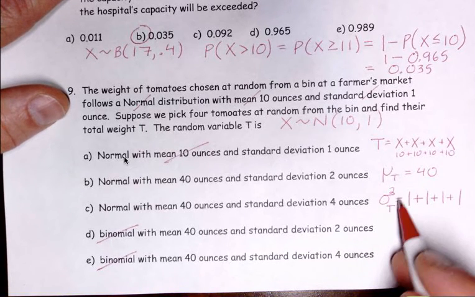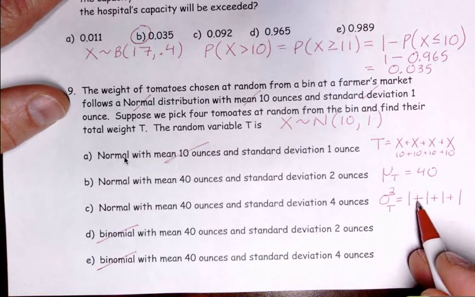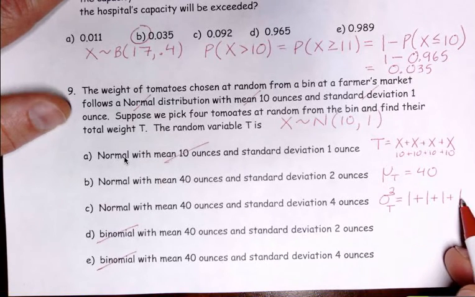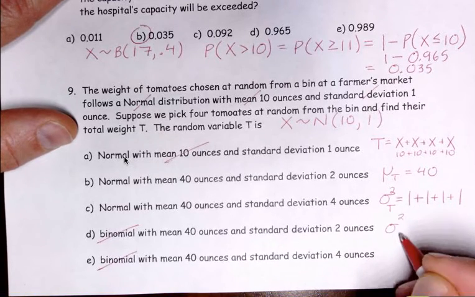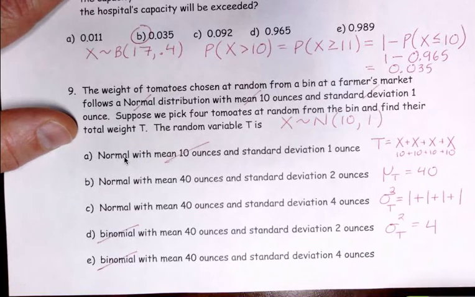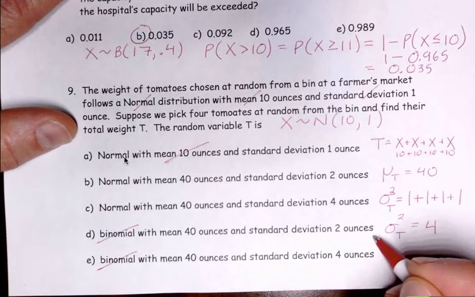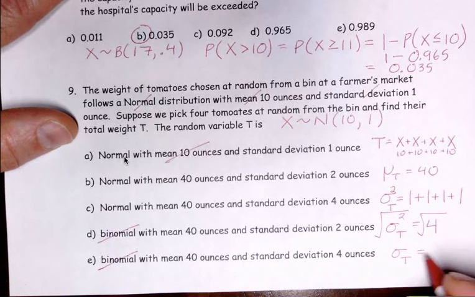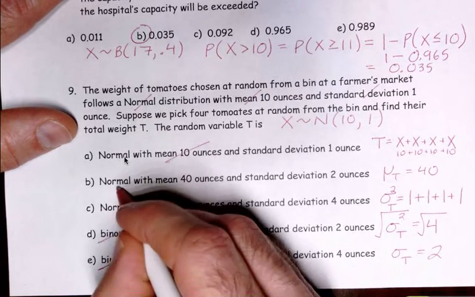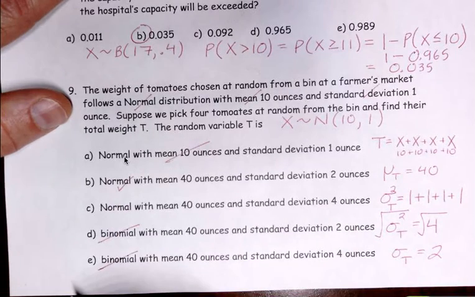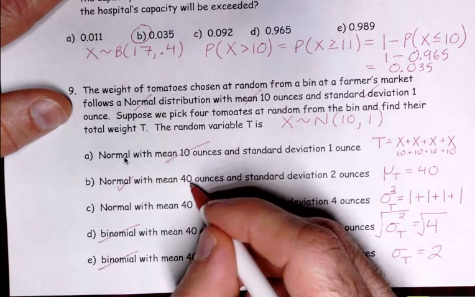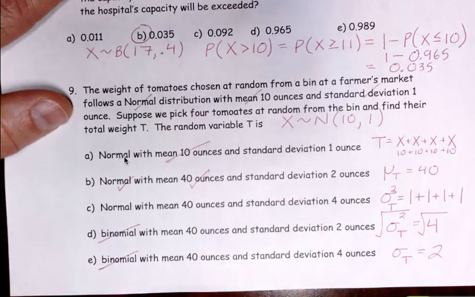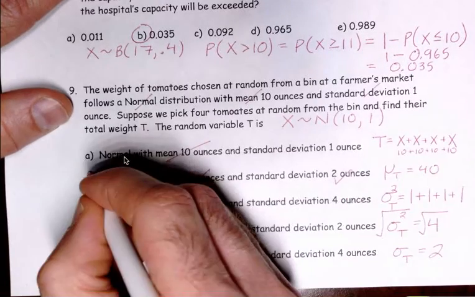So this expression represents the variance, 1 squared plus 1 squared plus 1 squared plus 1 squared. That means my variance is 4, and to find the standard deviation then, I will take the square root of that combined variance, and that gives me 2, and that verifies that the answer is B. The shape is normal. The center for the total weight is 40 ounces. The standard deviation is 2 ounces. Answer B.